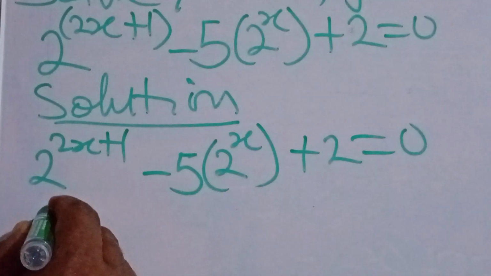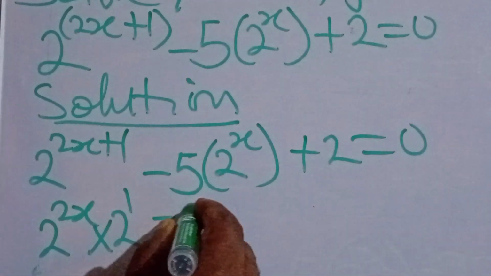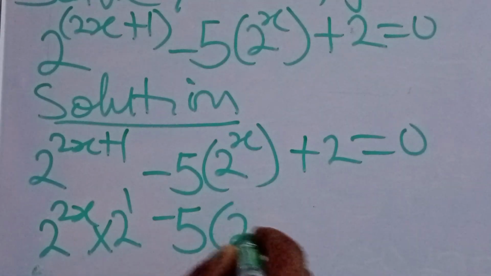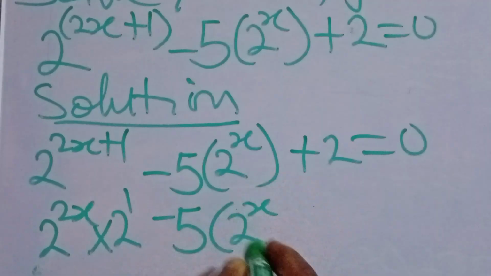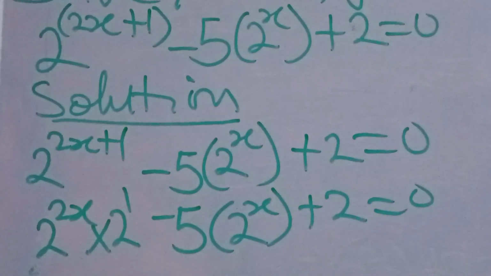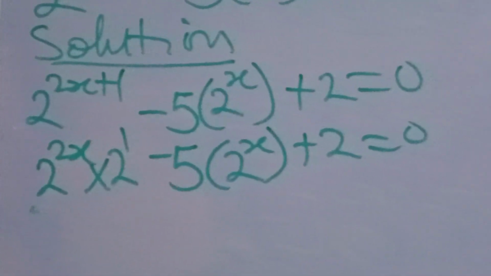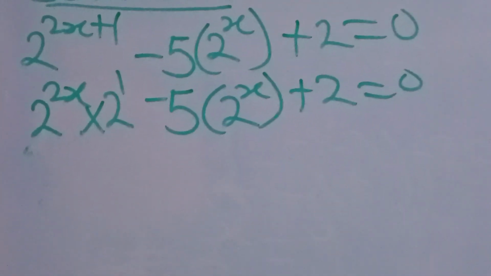2 raised to the power 2x multiplied by 2 raised to the power 1 minus 5(2 raised to the power x) plus 2 equals 0.